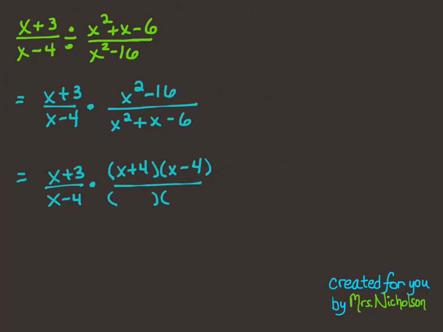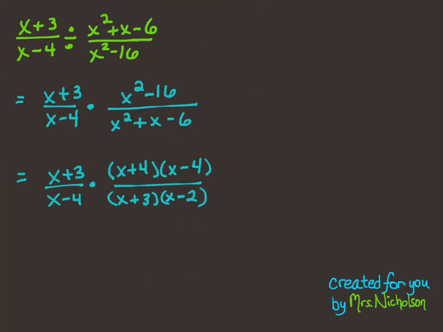And then in my denominator, x squared I can get by multiplying x times x. And 6, I'm going to multiply 3 times 2. I want positive 1x in the middle, so I'm going to make that 3 positive, and I'm going to make the 2 negative.